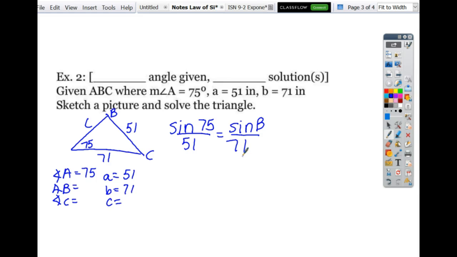And when I cross multiply, I'm going to take this times this and divide it by this. But it's the sine of B, so I have to do the inverse. Okay? So pick up your handy-dandy calculator and type this in, and what do you get? I got 1.344. No, you didn't. I did. Take the inverse of it.